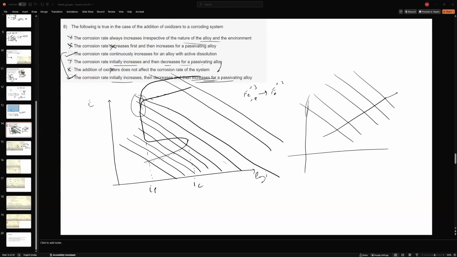Investigate corrosion rate in the transpassive region. Let me see this.